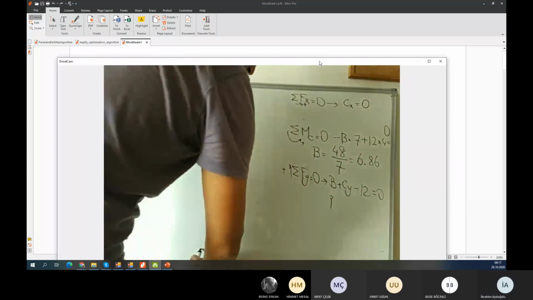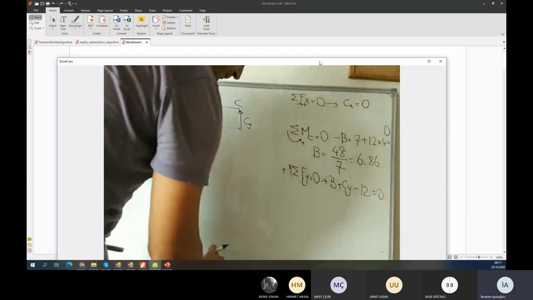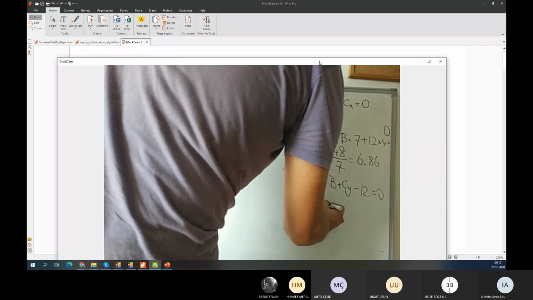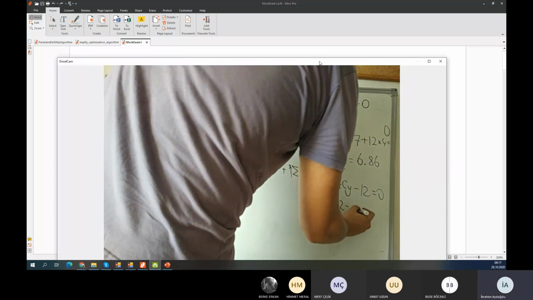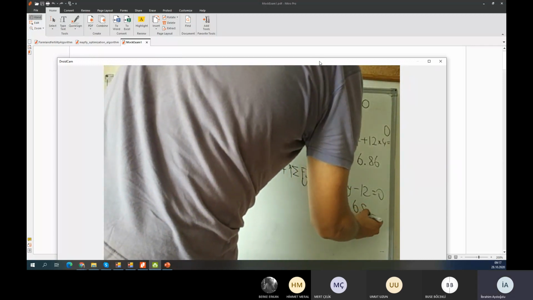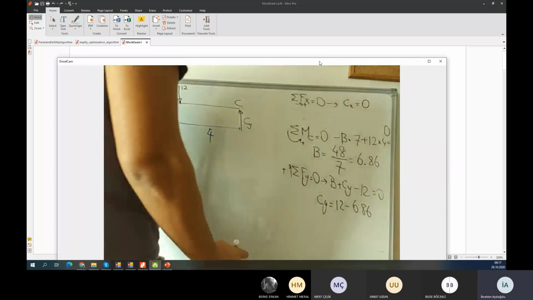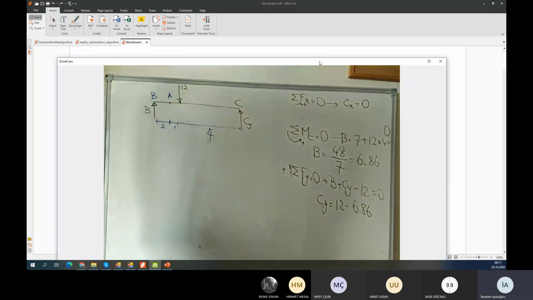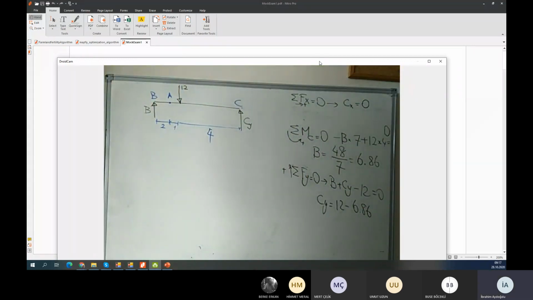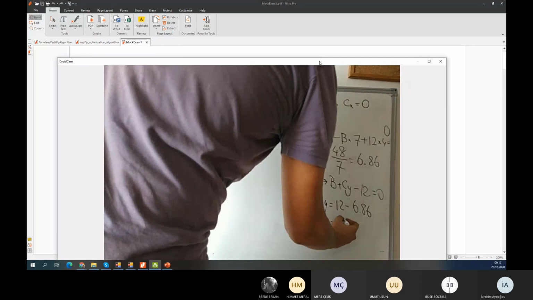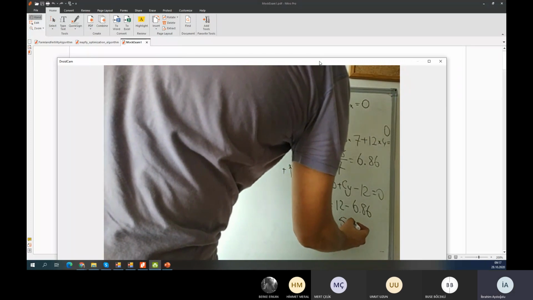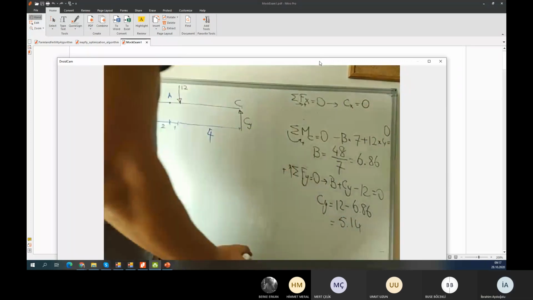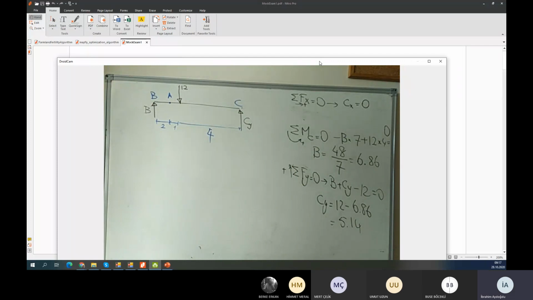So Cy is equal to 12 minus 6.86, which I can calculate in my mind, 5.14 kilonewton.